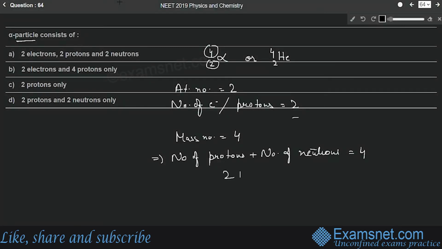So 2 plus number of neutron is 4. So what is the number of neutrons? It is equal to 4 minus 2, that means 2. That means number of proton is 2 and number of neutron is also 2. So the last one, option D, will be the correct answer. 2 protons and 2 neutrons only.